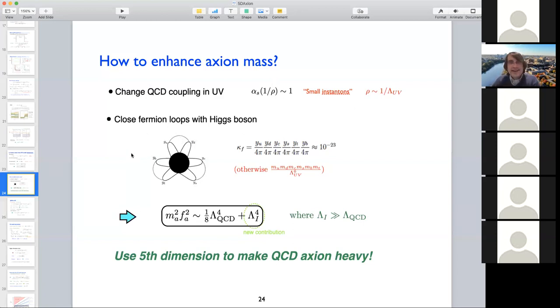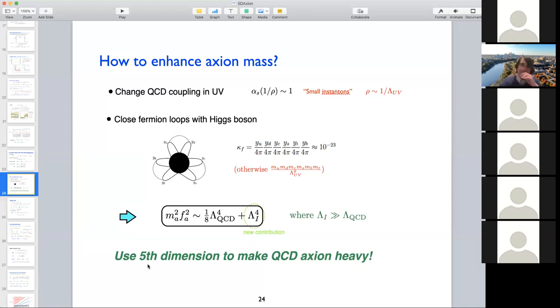Again, you can also enhance the axion mass by using Yukawa couplings as opposed to the actual fermion mass. But let me not go into that because I won't have enough time. But the bottom line is that if you allow these small instantons and this coupling to change in the UV, then you get a new contribution to the axion mass.